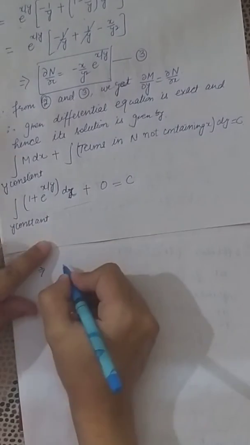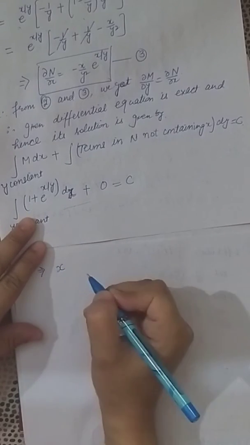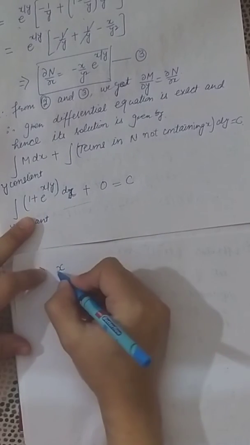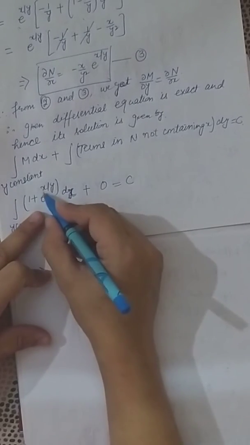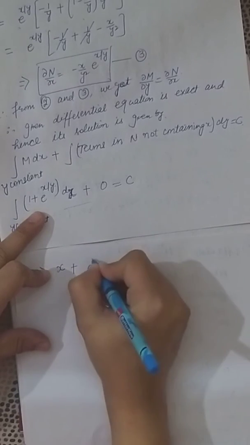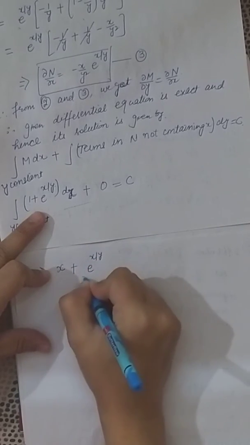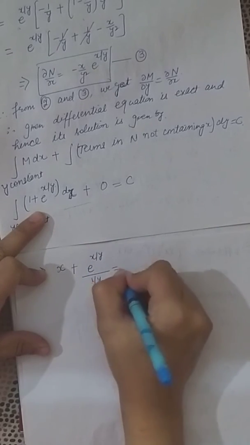Or this implies that now integration of 1 with respect to x is x, because derivative of x is 1, plus. Now integration of e power x over y with respect to x will be e power x over y divided by the coefficient of x, that is 1 over y, equal to c.